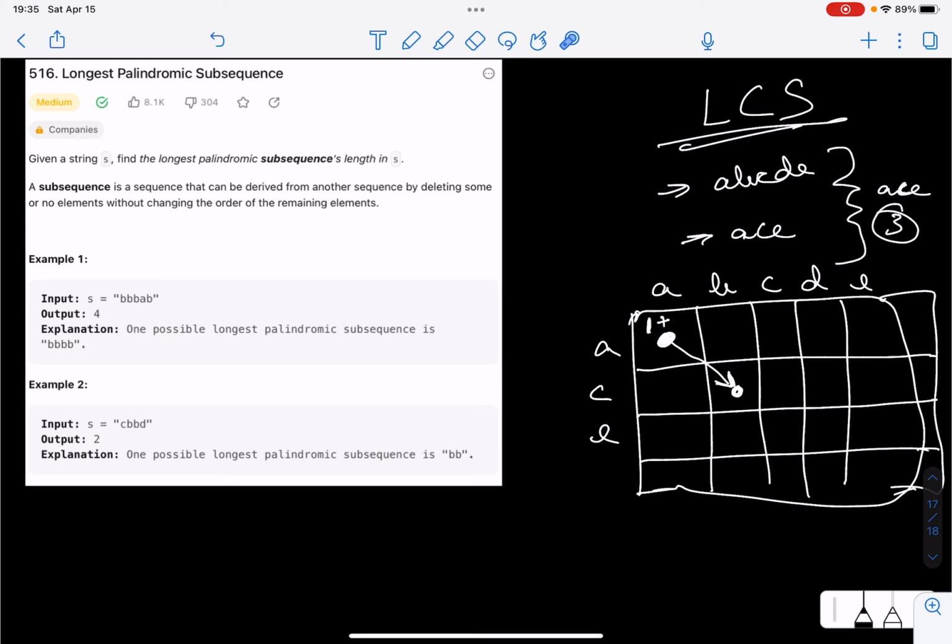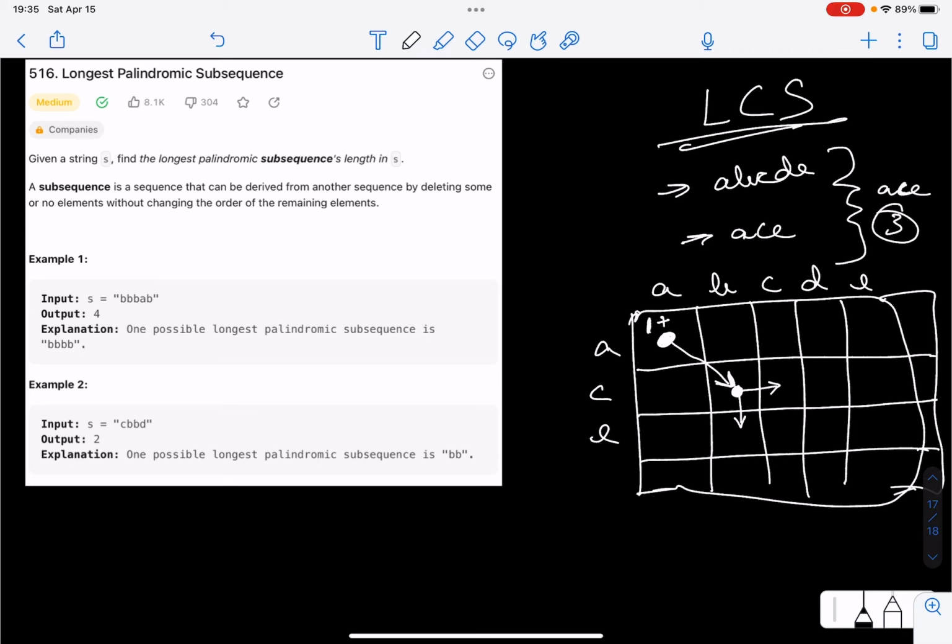And over here we notice B and C are not the same, which means that the longest common subsequence at that position would essentially be either whatever is at this position, the longest common subsequence at this position, or at this position.